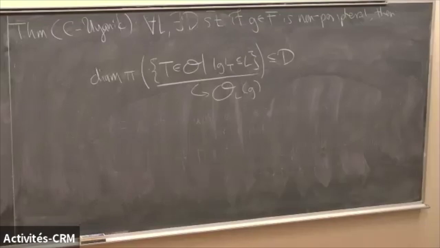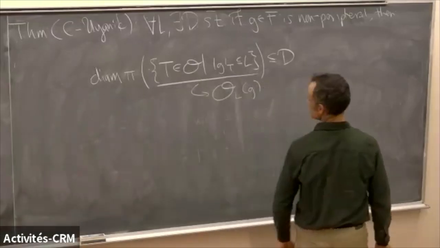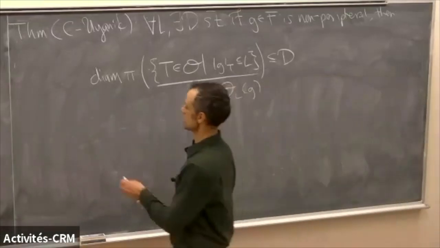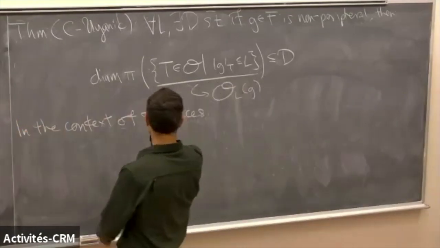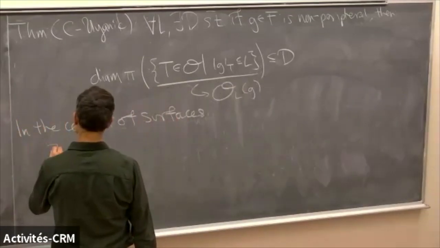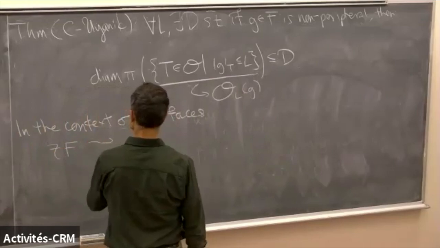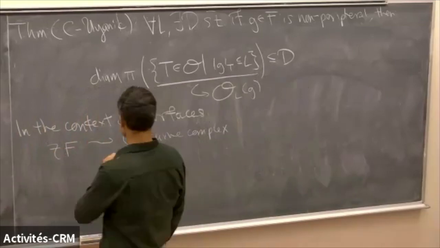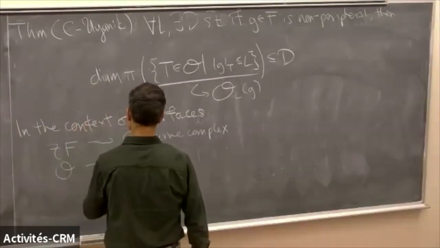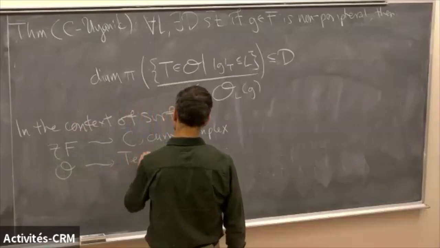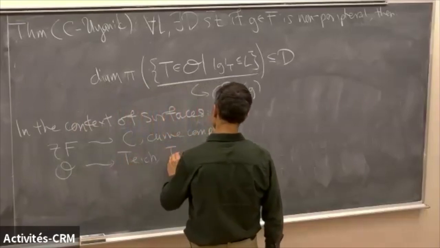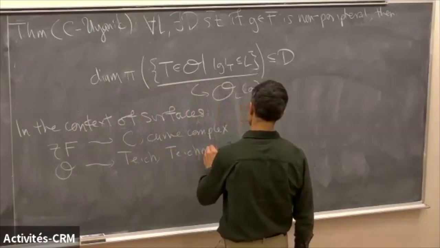Okay, but I also want to translate this statement for you in the context of surfaces. If you were going to translate everything to surfaces, well, like I said, the Z factor graph really corresponds to the curve complex. The relative outer space is going to be the Teichmuller space, the space of hyperbolic structures on your surface.